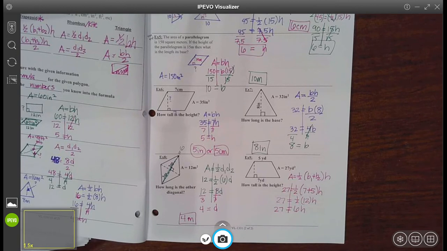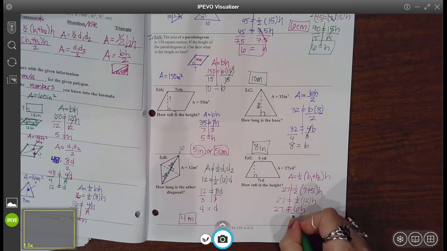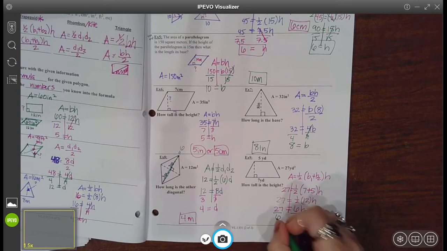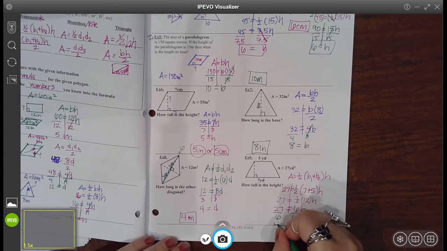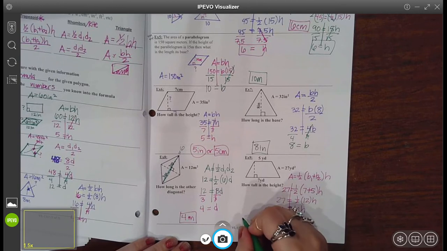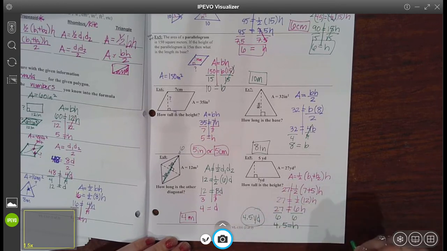So 6 times what is 27? If you divide by 6, plug that into your calculator, 27 divided by 6 is 4.5. So your height would be 4.5 yards.